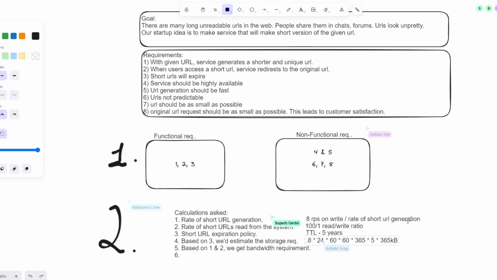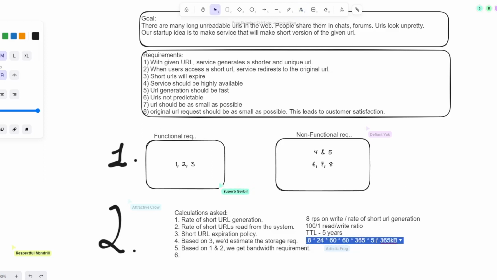Just estimate for 5 years as you started to make. So in 5 years, overall, we have this number of URL generation requests, and we will have this total amount of requests in 5 years. So I suggest calculating it without kilobytes right now. And can you calculate it?